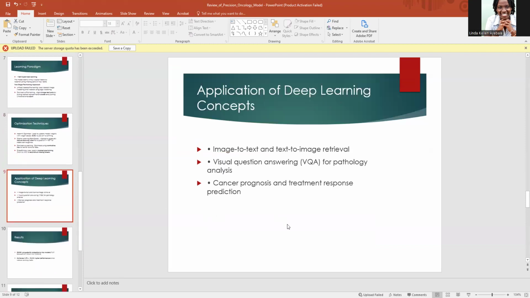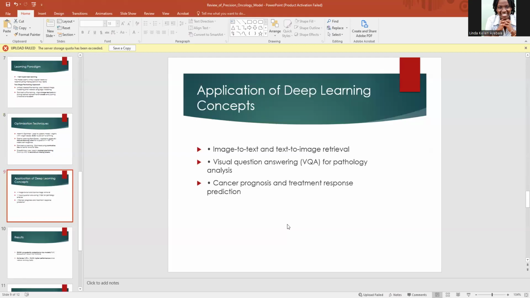Then the downstream tasks in which this model was used: image-to-text and text-to-image retrieval, for which images were given to the model and it would give back text describing that particular image. Then text was given to it and it would give you back an image that corresponds to the text.